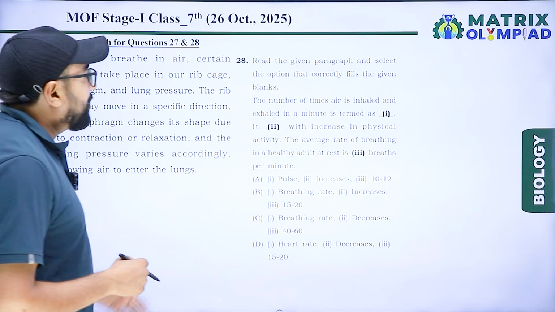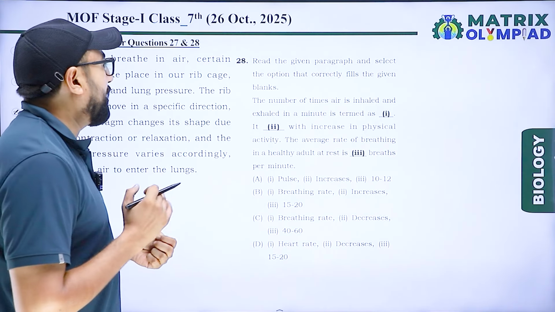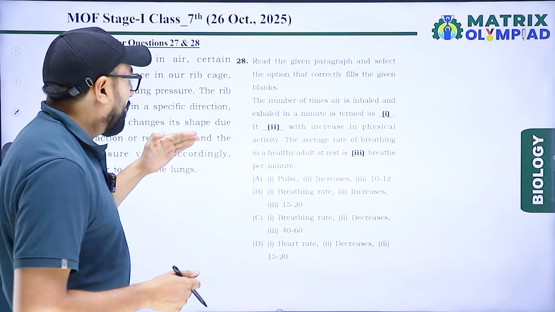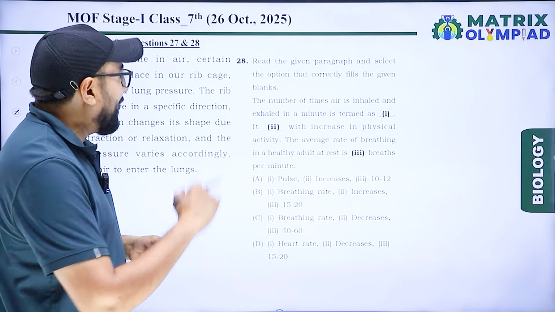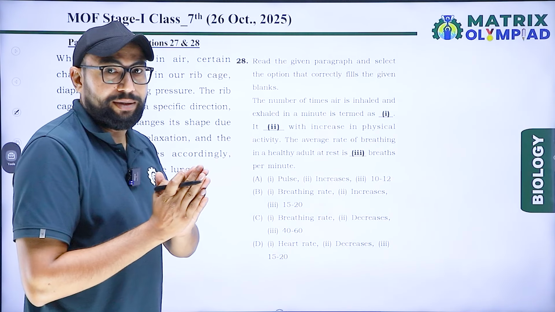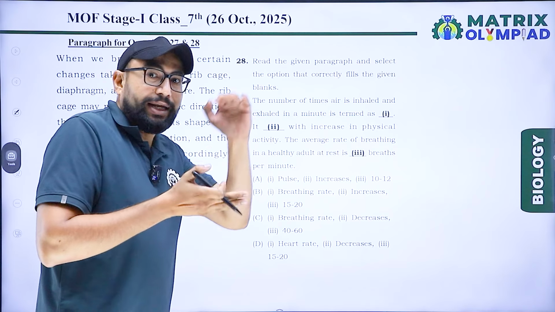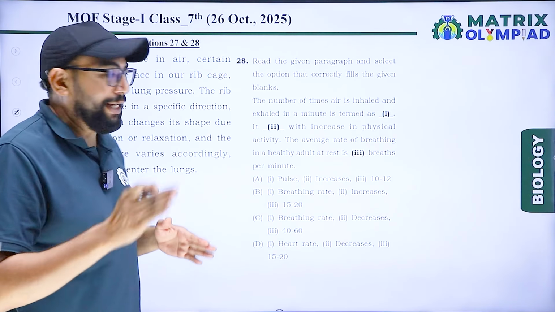Next, read the given paragraph and select the option that correctly fills the given blanks. The number of times air is inhaled and exhaled in a minute is termed the breathing rate.